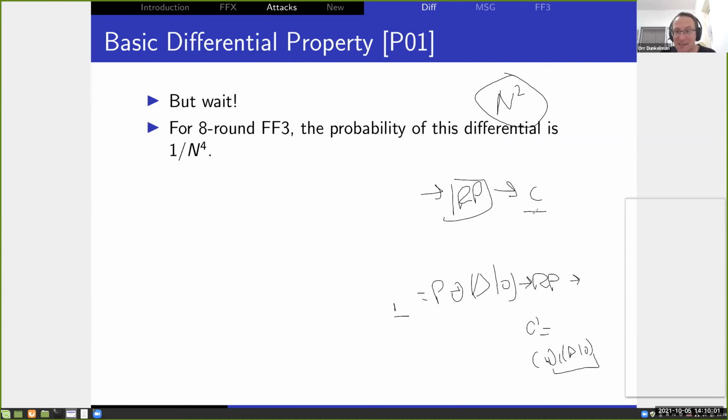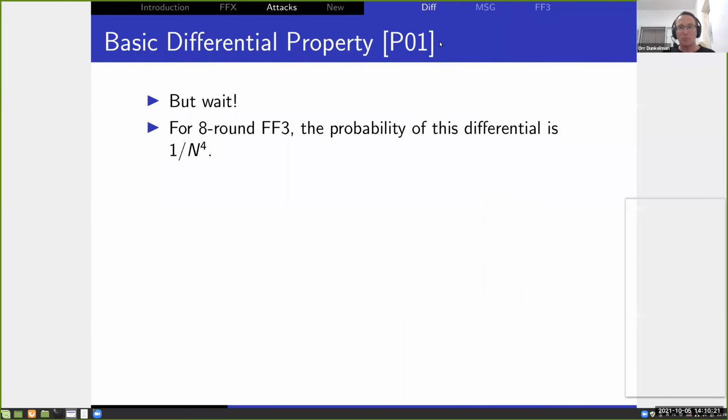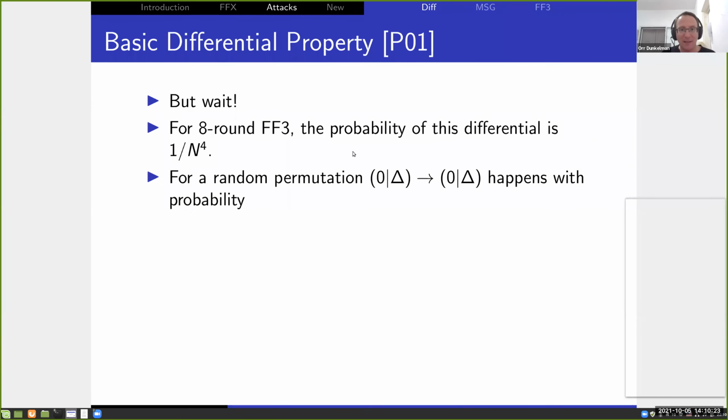So once this ciphertext is fixed, the probability, if I want to be accurate, is 1 over n squared minus 1, because there are n squared minus 1 possibilities for C prime. And I'm asking what's the probability for this random permutation that P prime actually became C prime. I'm going to disregard this factor minus 1. So for a random permutation, this happens with probability 1 over n squared. So I found a differential characteristic which happens with probability lower than in the random case.